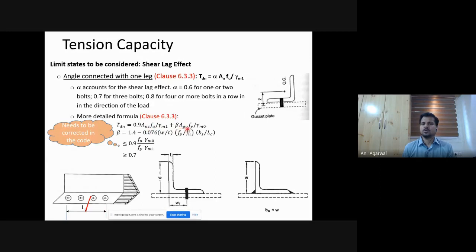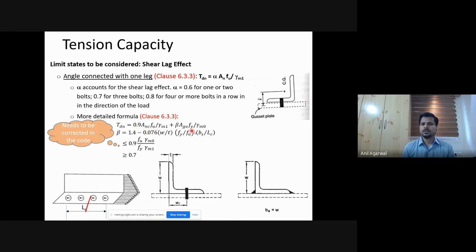Here A_go corresponds to the gross section area of the outstanding leg. Okay, and correspondingly you can see that two different partial safety factors, gamma M1 and gamma M0, are used, because this is yield limit state, so gamma M0. This is net section rupture limit state, so gamma M1, and 0.9 also, that always accompanies net section rupture.